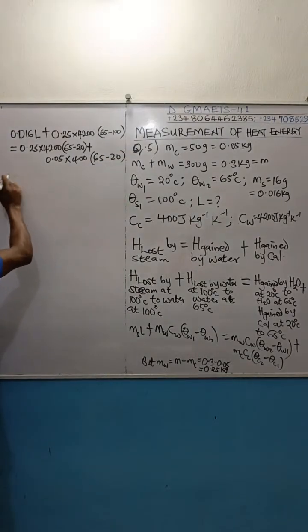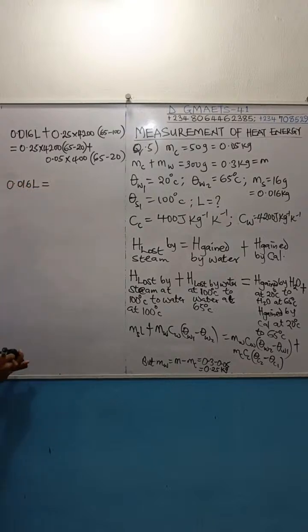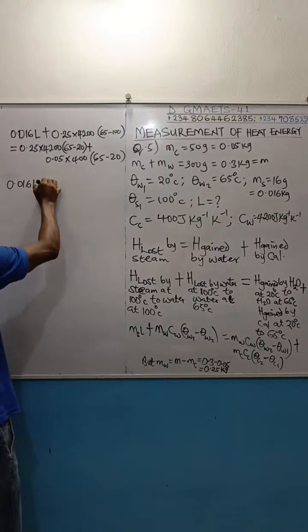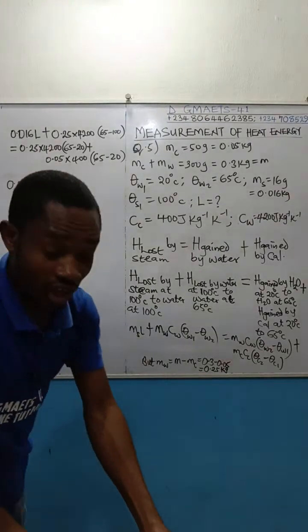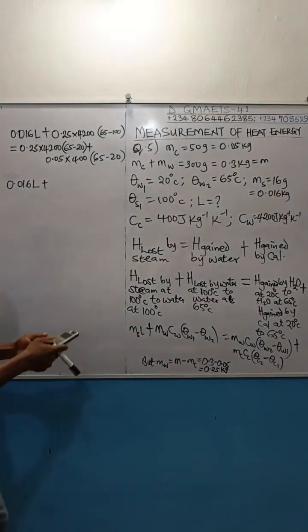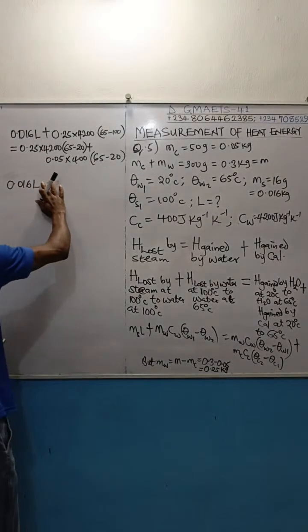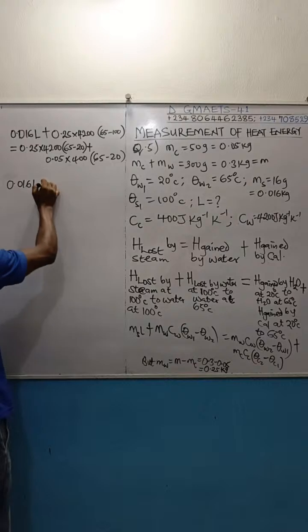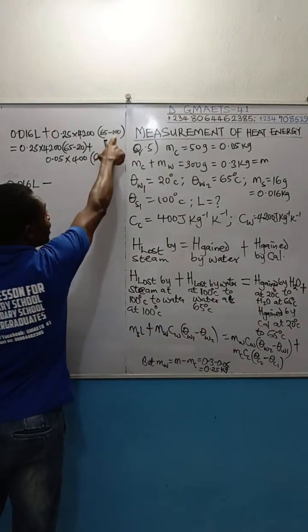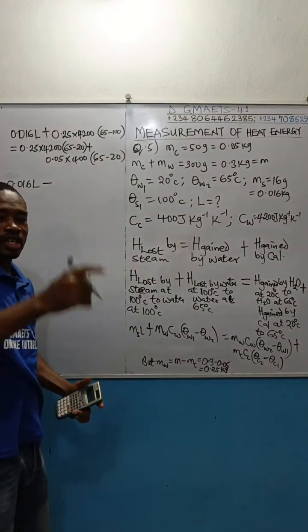So this means that 0.016 times the latent heat of vaporization of steam will now be plus... let me reach for my calculator. We've got to press quickly. I think this is not going to be plus anymore, it's going to change to minus. The reason is that 65 minus 100 will give you minus 35.